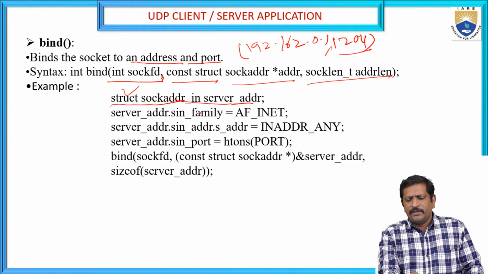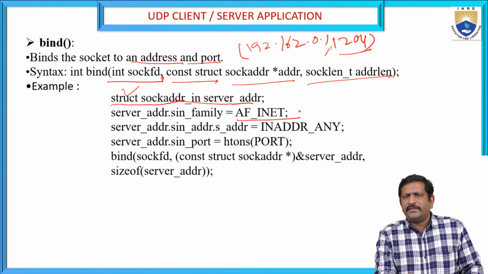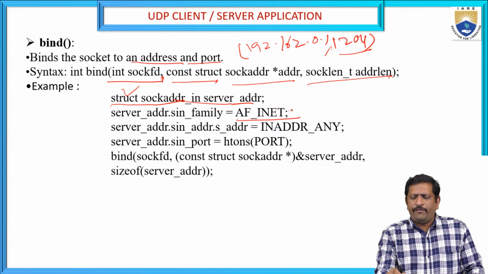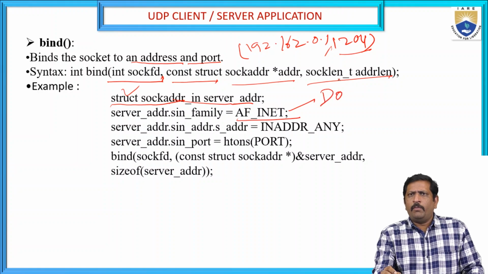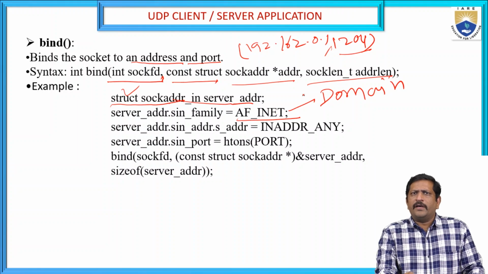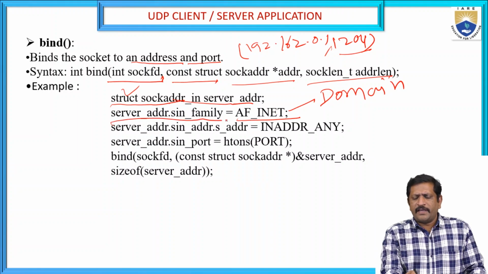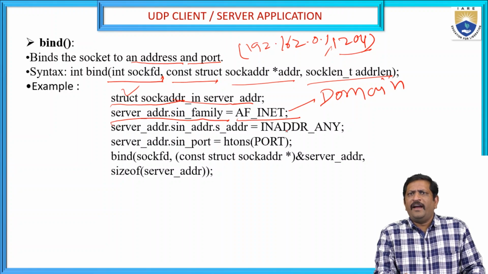That means here AF_INET is the domain of the socket. The domain means the address family, internet domain. It will be assigned to server_address.sin_family.